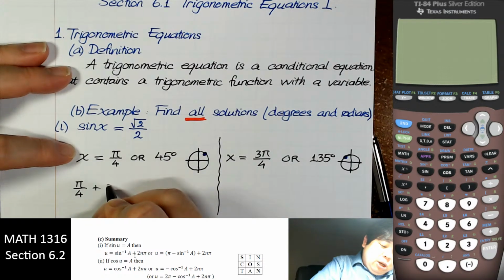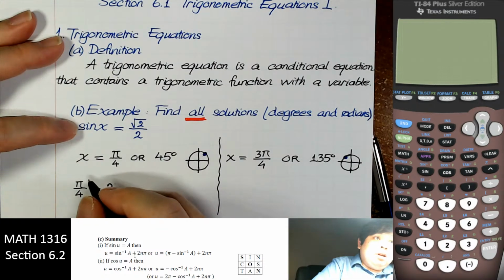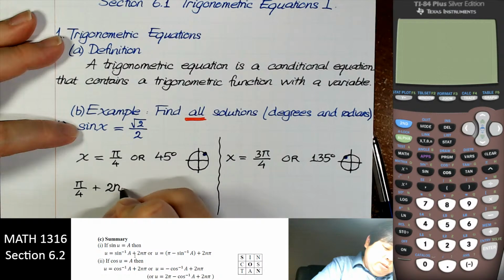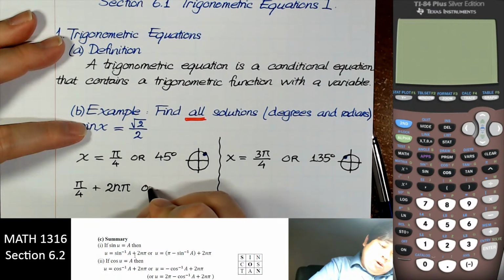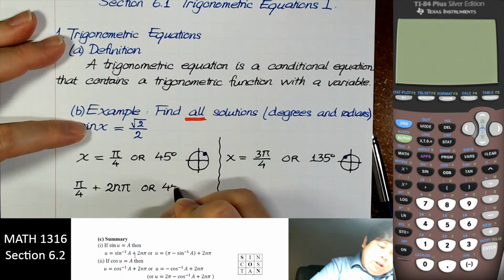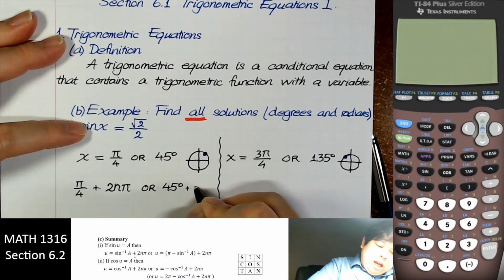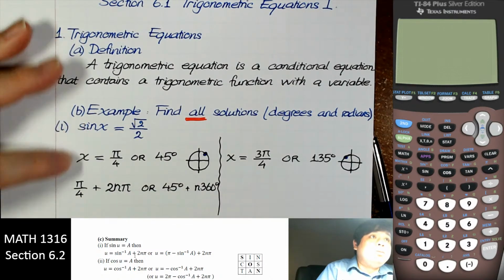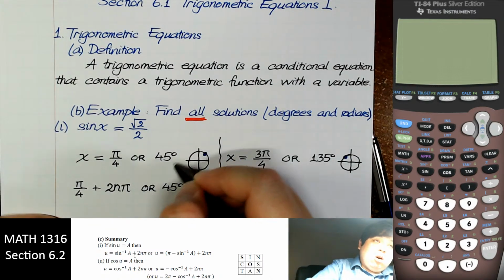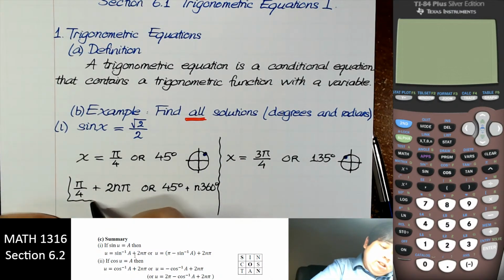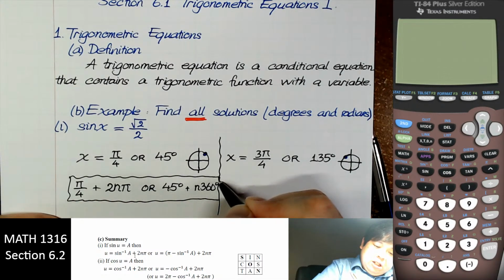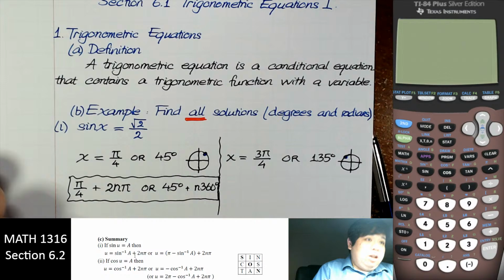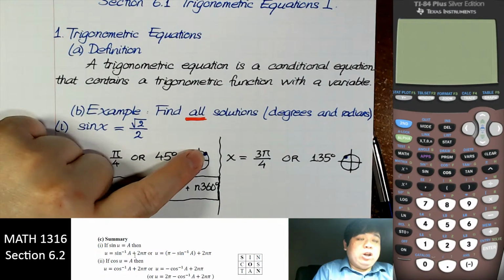So in that case, there will be 2n pi, or n times 2 pi, and if we use degrees, 45 degrees plus n times 360 degrees. 360 degrees is an extra revolution. So we have the coterminal angles. So that is the solution corresponding to that point.